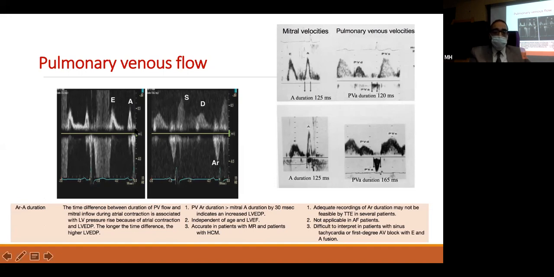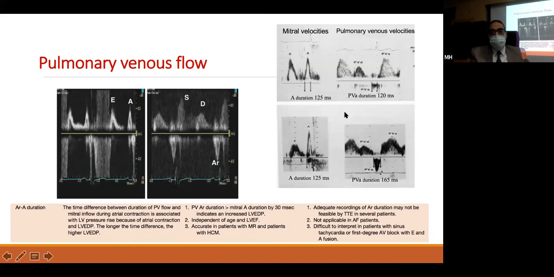So you measure the duration of the A wave in the normal mitral inflow, and you measure the duration of the atrial reversal wave in the pulmonary venous flow. If the atrial reversal wave duration exceeds this by 30 milliseconds or more, this suggests the presence of elevated left ventricular end diastolic pressure and diastolic dysfunction.